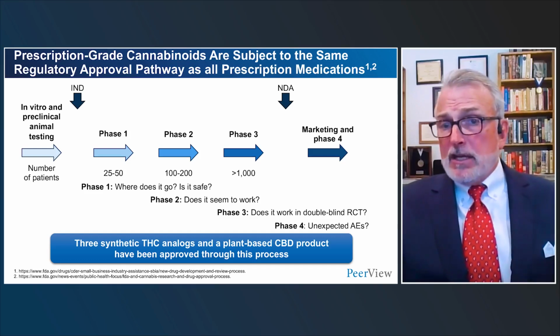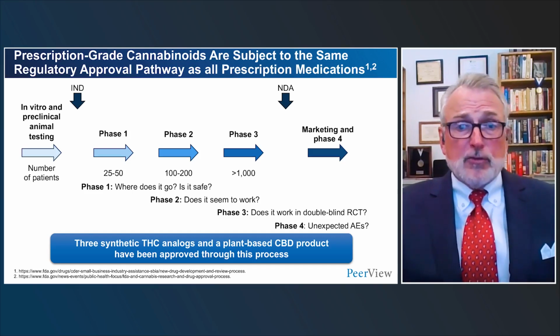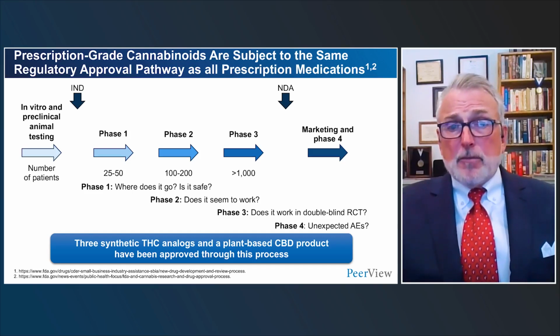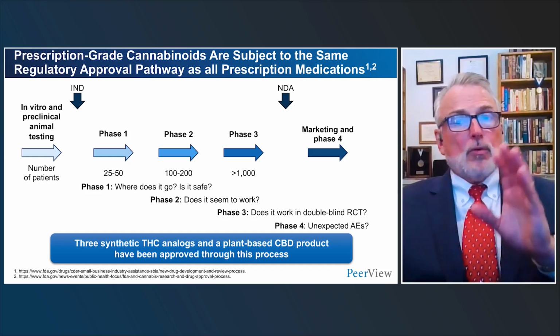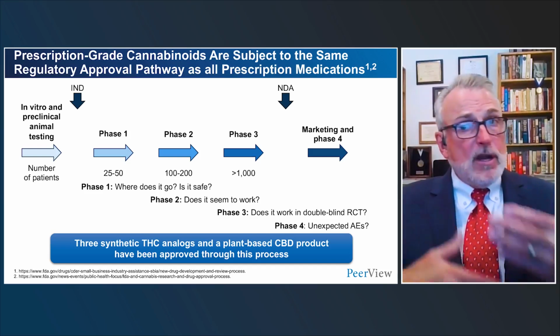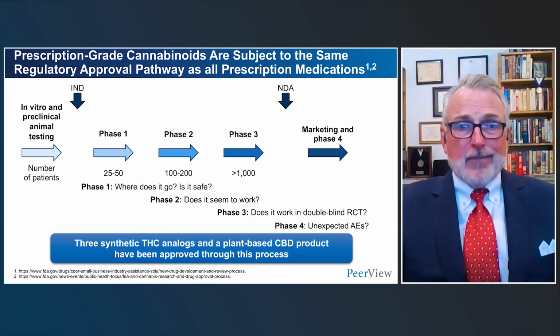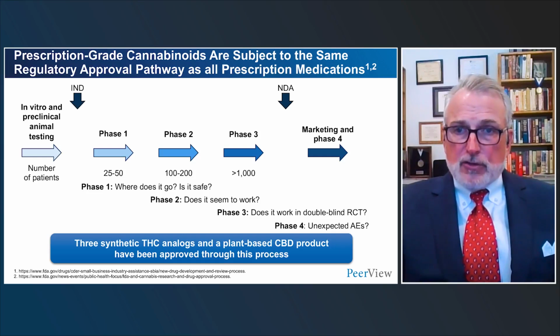And here in the United States, the FDA evaluates that and it approves or doesn't approve that process. If they approve it, it goes into patients, and there's post-marketing surveillance or phase 4, where we monitor that once it gets into tens of thousands of patients, are there any side effects uncovered? This process is required of all prescription drugs, including prescription cannabinoids.